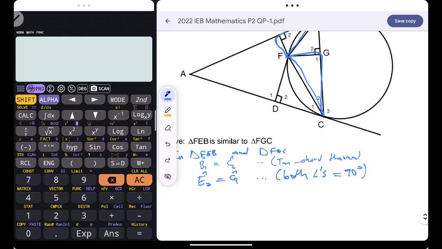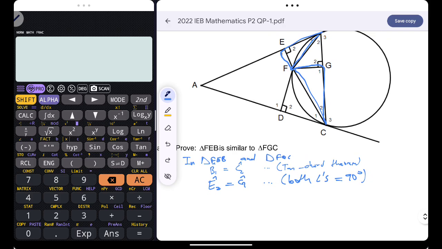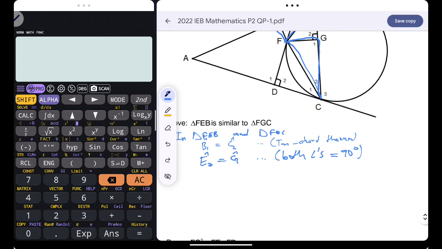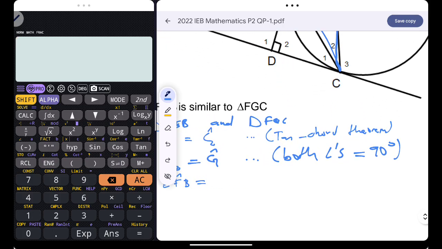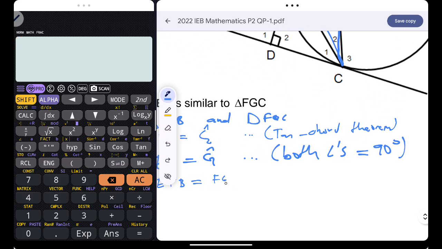So we can therefore conclude that angle EFB is just equal to angle CFG.